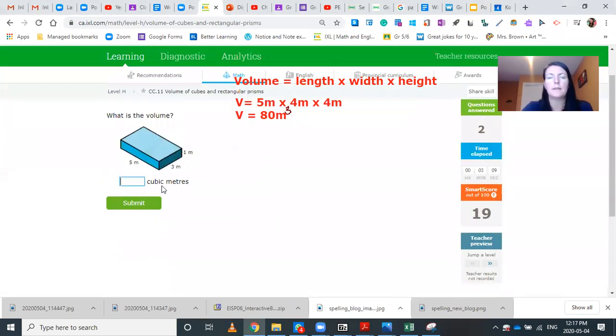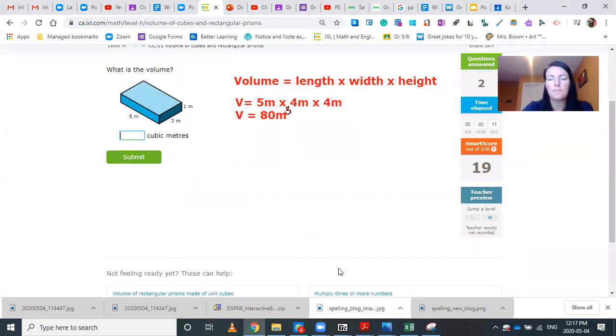Let's do one more together. What is this volume? Maybe press pause, work it out yourself. Let's go. So volume is equal to 1 meter times 3 meters times 5 meters.